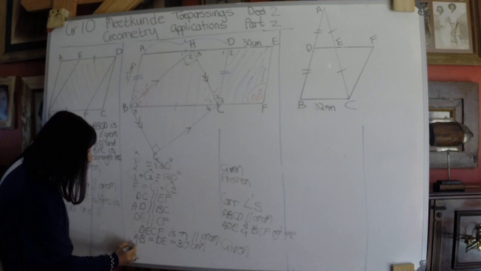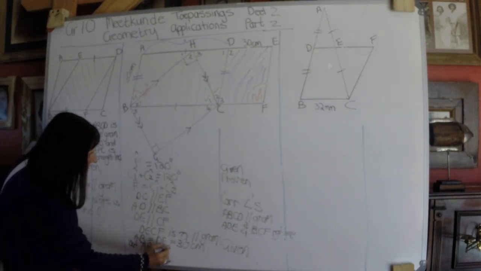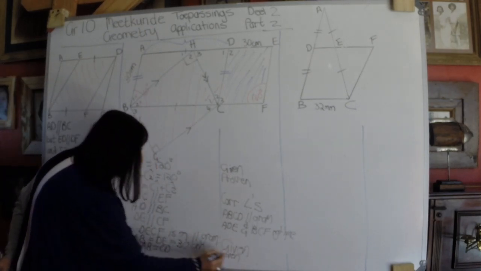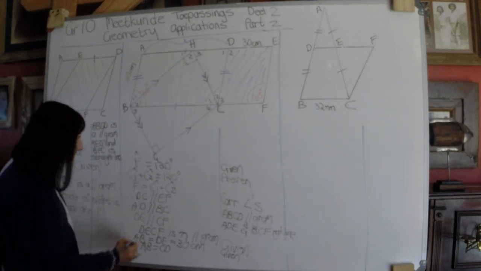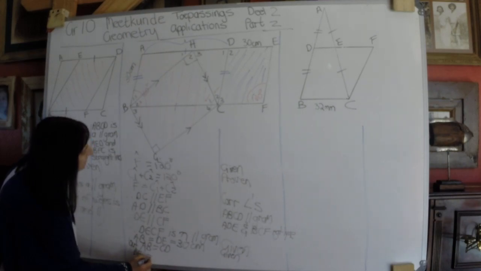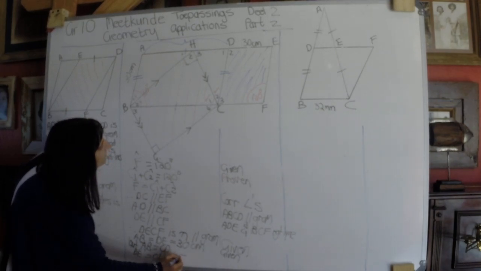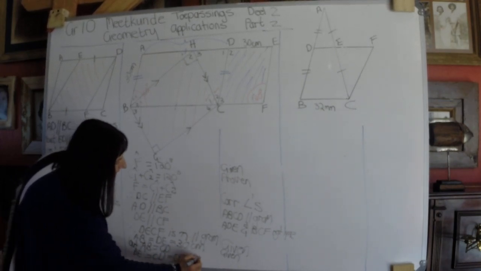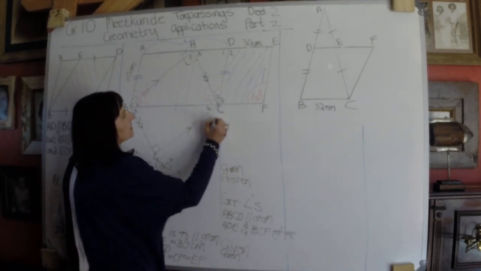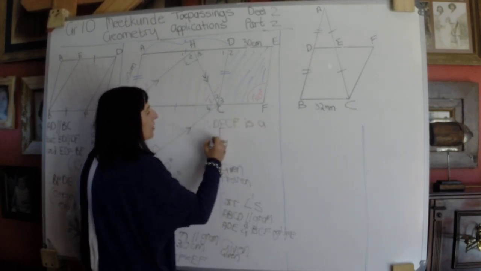But AB also equal to CD. So that's also given. Therefore, DE equals CD equals CF equals EF, and therefore DECF is a rhombus.